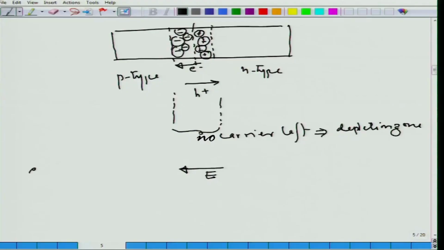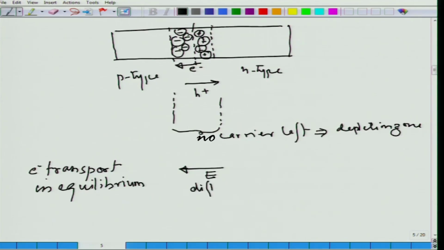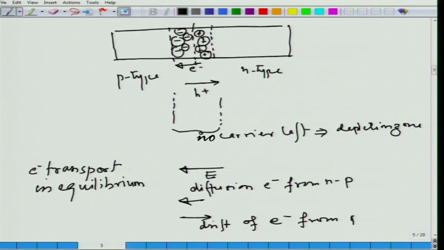So, if I only look at the electron motion, in equilibrium, there is going to be diffusion of electrons from n to p because of the concentration gradient, and there is going to be drift of electrons from p to n because of the built-in potential.